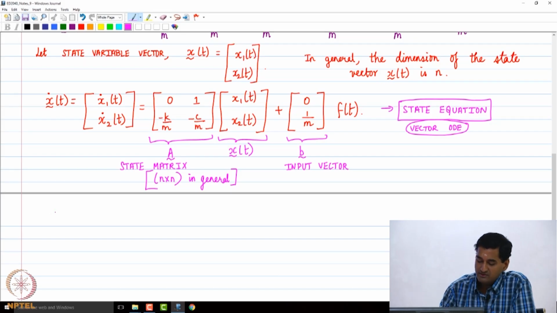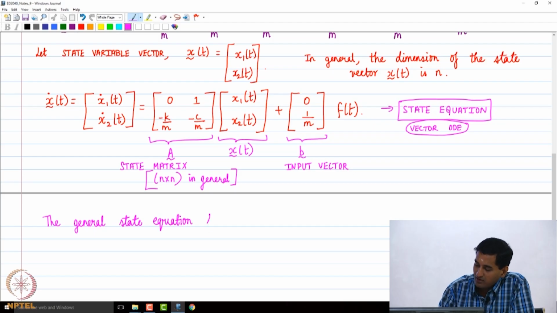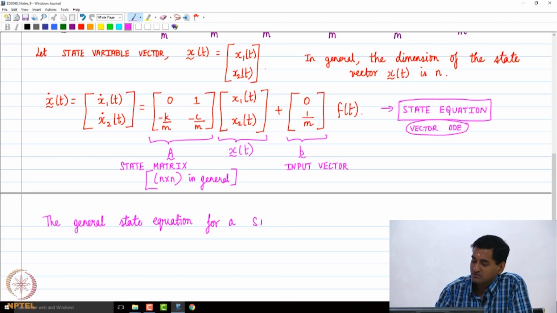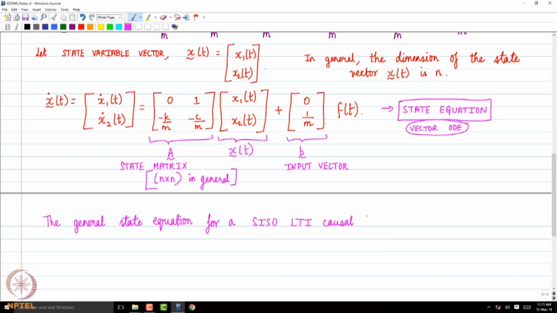Okay. So, the general state equation for a SISO LTI causal dynamic system is you get x dot, which is the state vector's first derivative, that is going to be written as A x of t plus b times u of t.